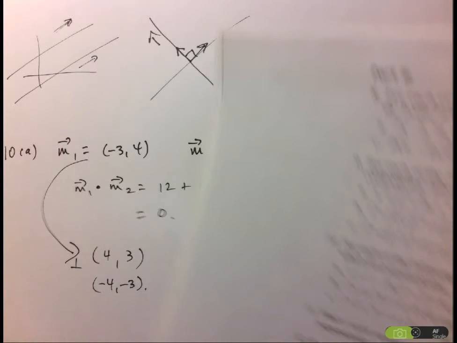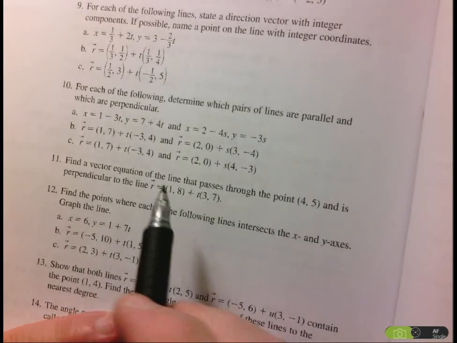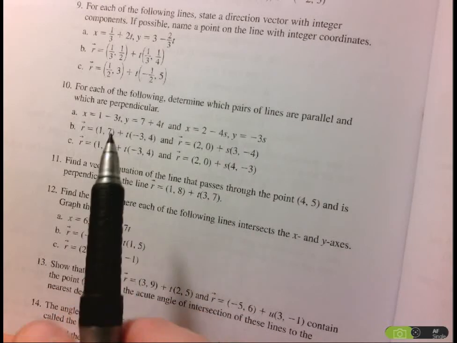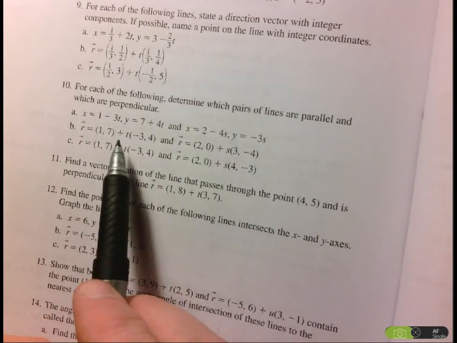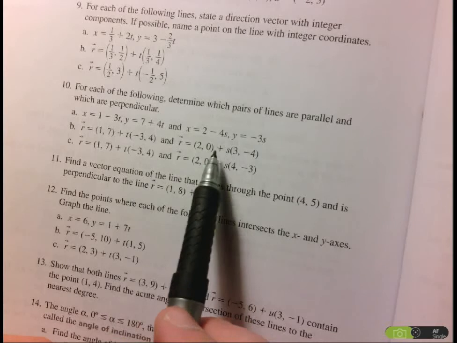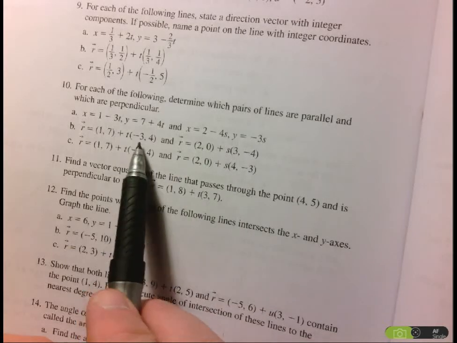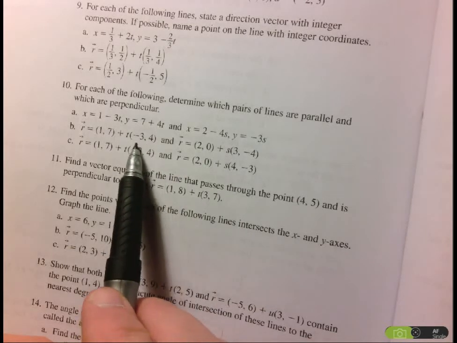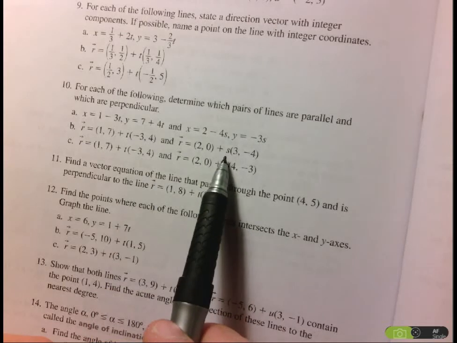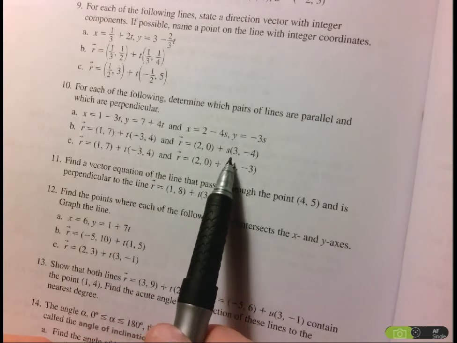Let's take a look now at B. Sorry about that. If we take a look at B, this is a little easier because they're already given in vector form. So you just look at the vector that multiplies t, in here -3, 4, and the vector that multiplies s in the second equation, 3, -4.